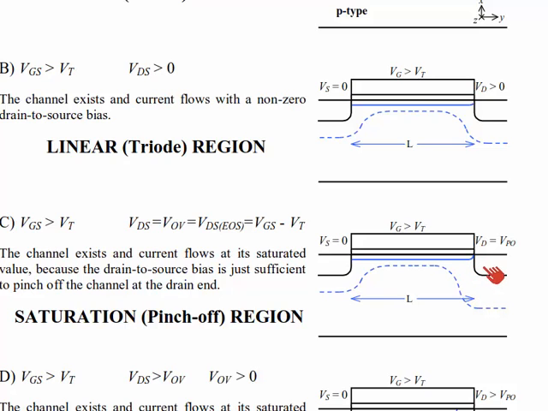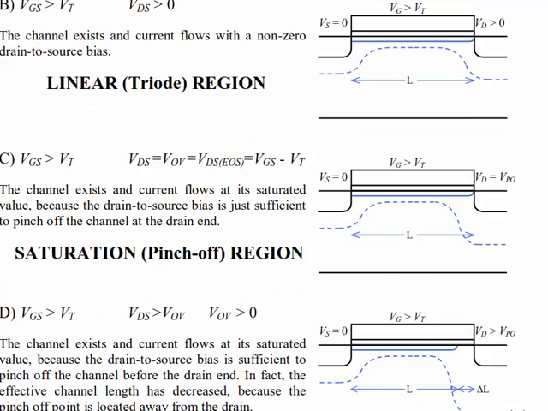But what happens if we increase the drain-to-source voltage above this pinch-off voltage or overvoltage? Then, well, we continue the process. The depletion region between the body and drain continues to widen. We continue to suck electrons out of the channel region.